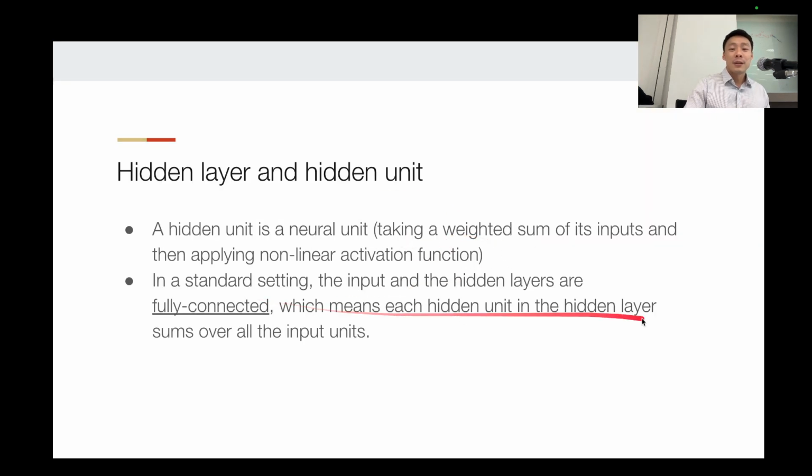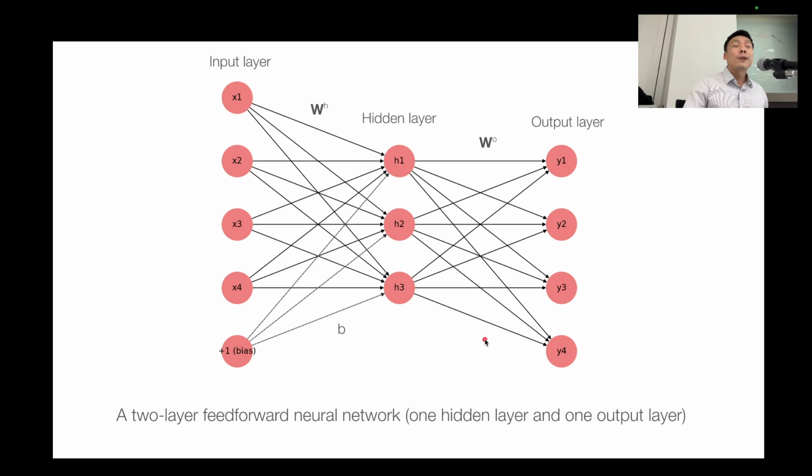In the standard setting, input and hidden layers are fully connected, which means each hidden unit in the hidden layer sums over the inputs. Let me give you an example. So it will look something like this in a feed-forward neural net. Now you see that we have this thing called hidden layers. The output layer we call that because it is the output. In NLP, our outputs are usually labels.